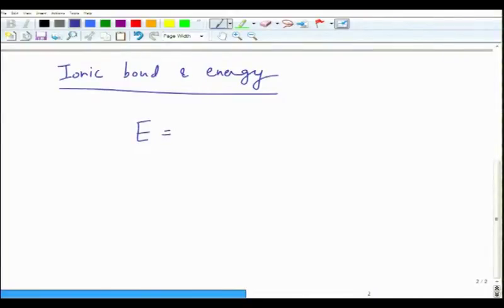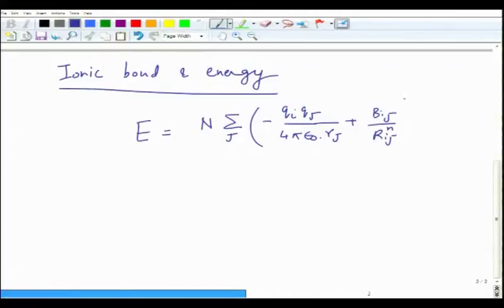So, energy was equal to N of epsilon j, and you have sum of j plus b I j divided by r I j to the power n, and this is basically for sum of you have attractive term here, this is attraction, and this is where you have repulsion, and balance of these two is going to determine how they are going to be assembled.